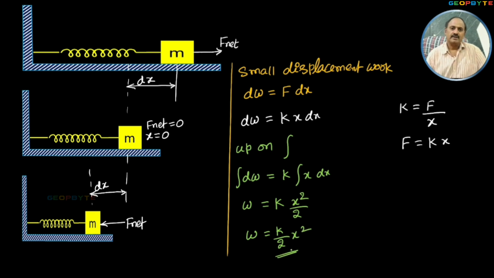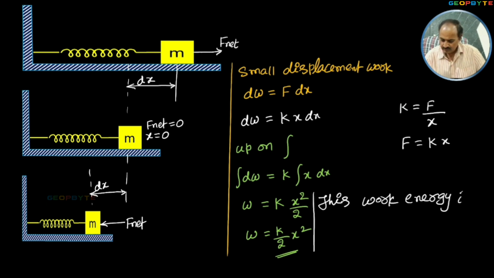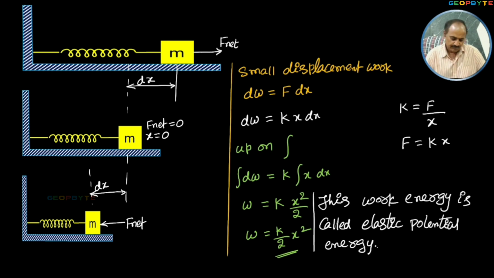This work is stored in the form of potential energy. Therefore, this work energy is called elastic potential energy.